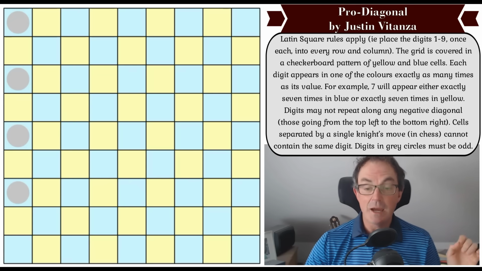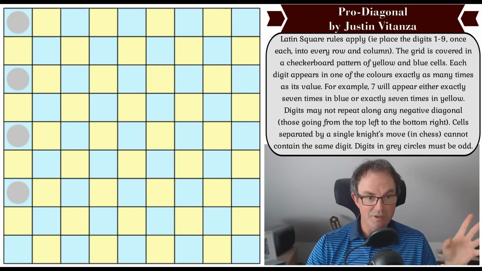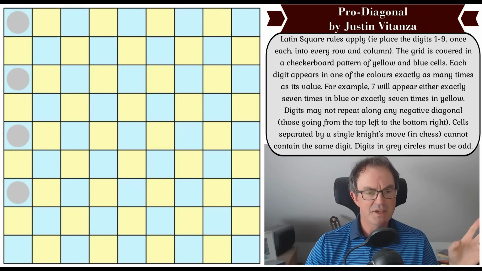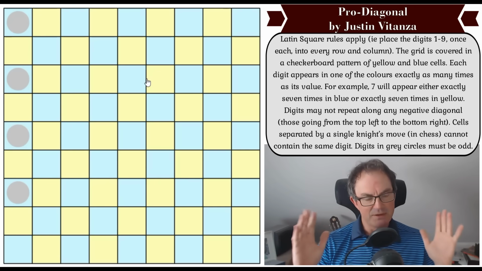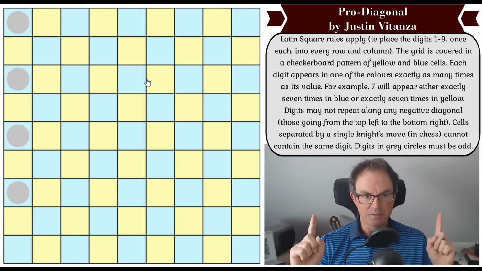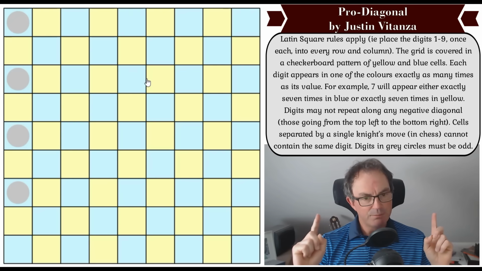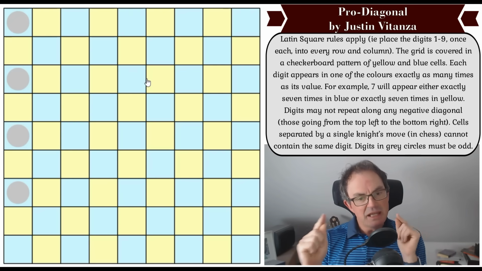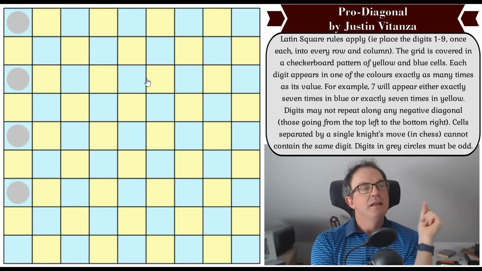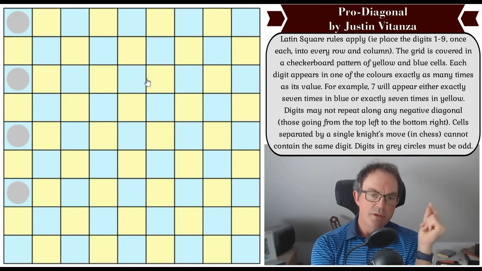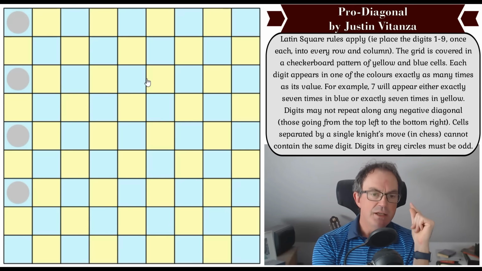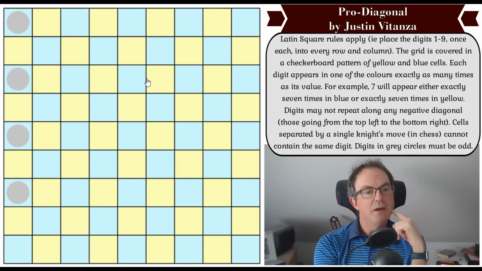Let's get cracking. I've got to start with this wonderful principle that I discovered, I'm sure it was a vitamins puzzle that I did when I discovered it. There is a bizarre property that exists in all Sudoku puzzles, and that property is that the yellow digits in this puzzle contain an even number of any digit that you put in yellow.